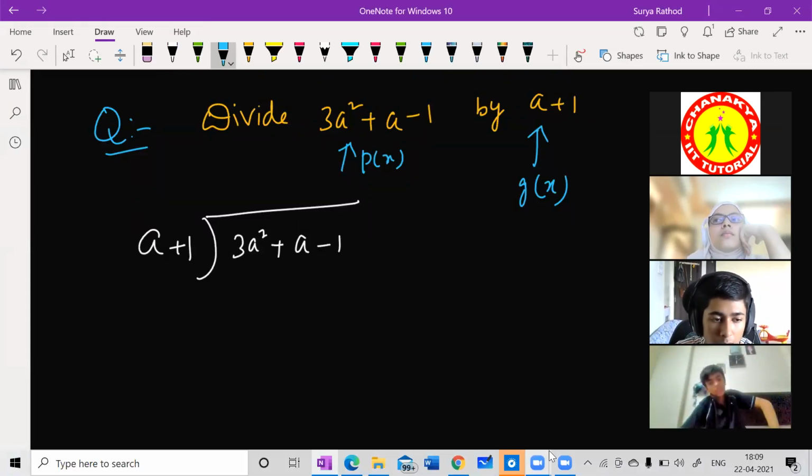Yes, sir, now we can see it. Can you see the screen now? Yes, sir.